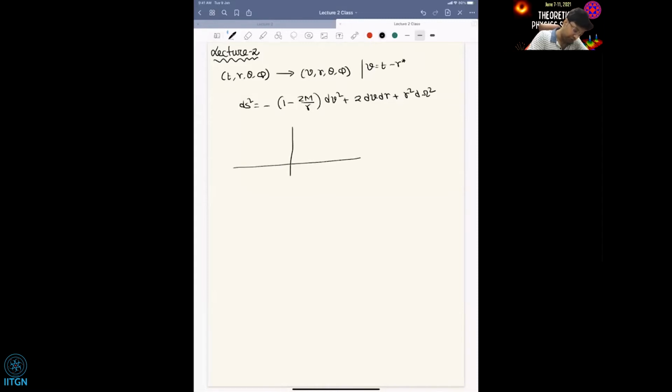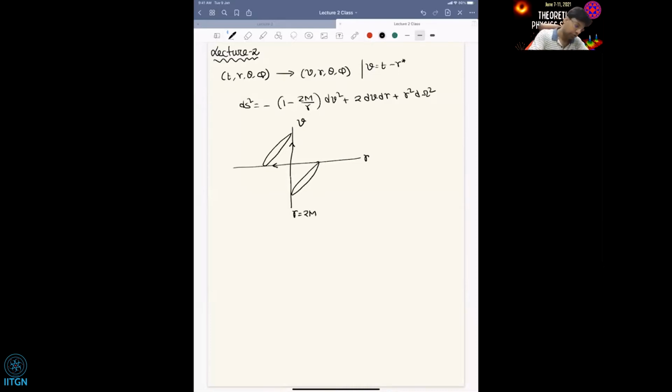In fact, what we found is that the light rays at the r equal to 2m surface are of this type. This is r, and this is v. The ingoing light rays are always v equal to constant, and the outgoing light rays at r equal to 2m become the r equal to 2m surface itself.